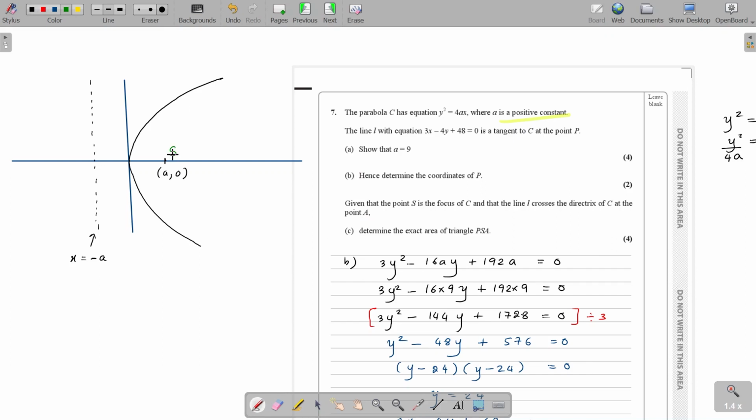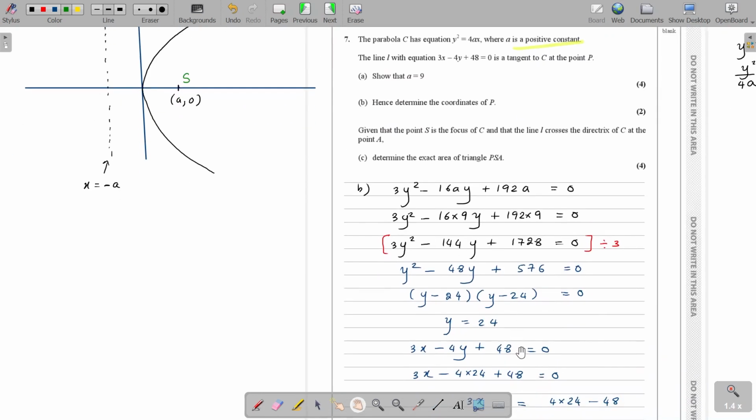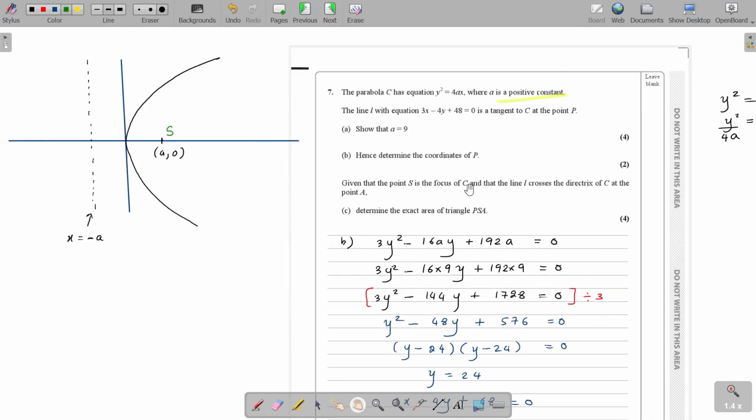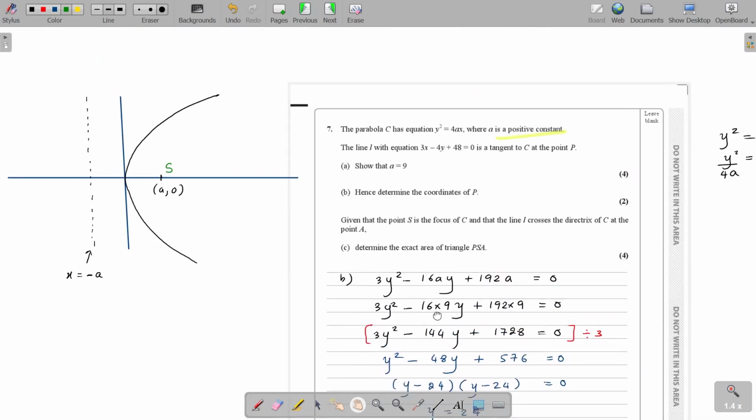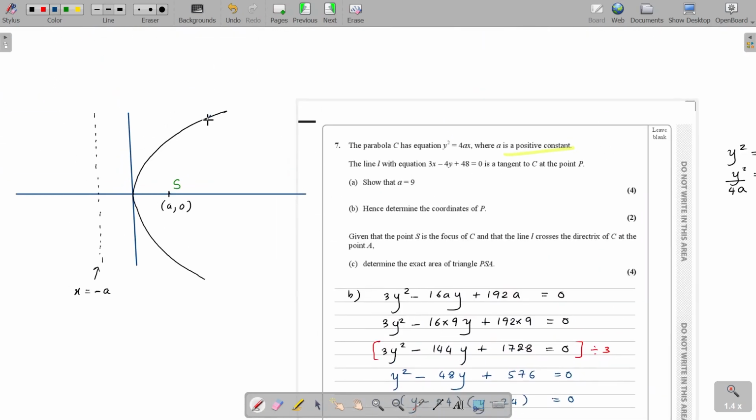Now we found that line L is a tangent to the point P. What's point P? 16, 24, right? So mark a point roughly at 16, 24 somewhere over here. Draw the tangent at 16, 24.